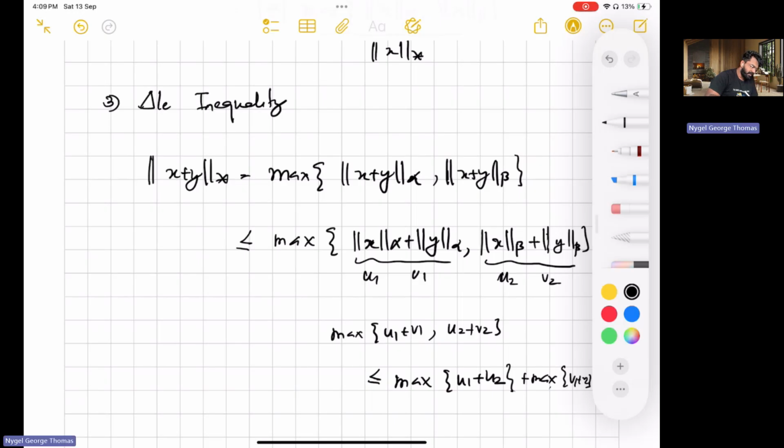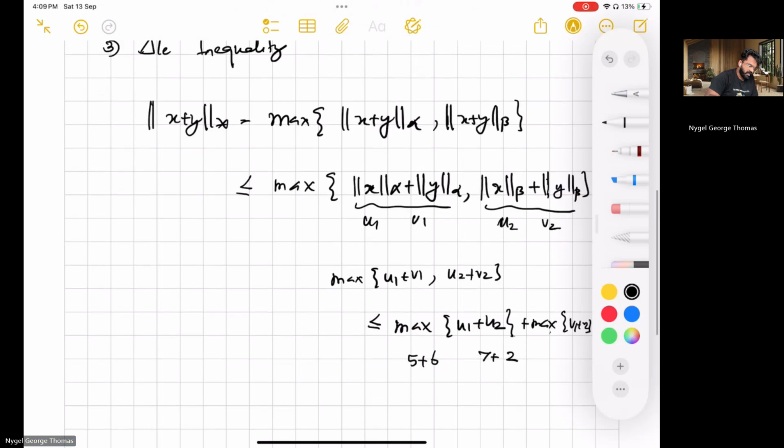Let's take an example: 5 plus 6 and 7 plus 2. The max of these two sums is the max of 11 and 9, which is 11.